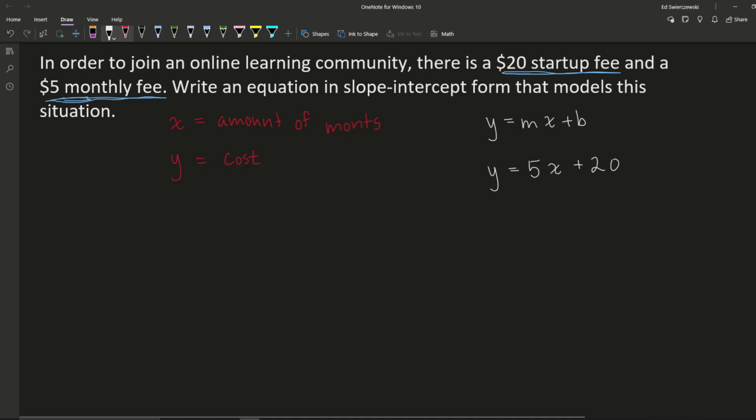So now I have another question kind of to follow up on this. If I plan on staying in this online community for, let's say, 24 months, so I plan on being in for 24 months, what will the cost be?